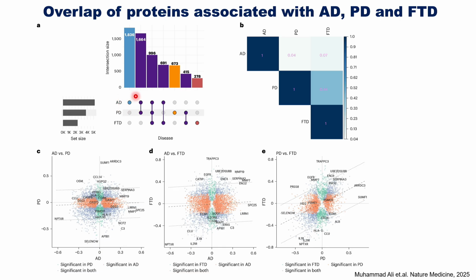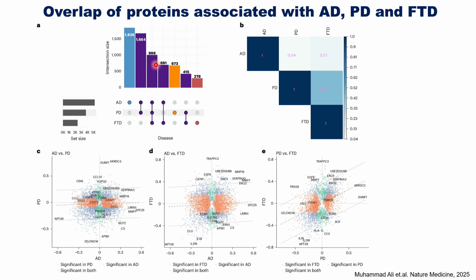So this study found that 836 proteins are exclusive to Alzheimer's, 673 are exclusive to Parkinson's, and only 270 are for frontotemporal dementia, while these are the overlapping ones. Between Parkinson's and Alzheimer's there are 1600 proteins overlapping, and between all three there are 996 proteins overlapping.